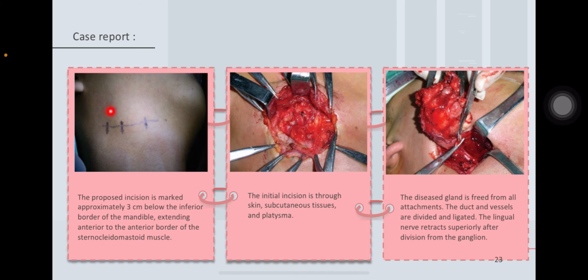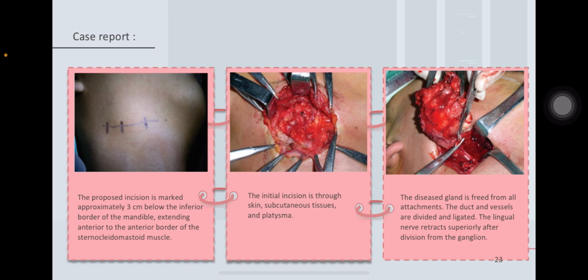Mark the proposed incision approximately 3 cm below the inferior border of the mandible and extend it to the anterior surface of the sternocleidomastoid muscle. Infiltrate 2% lidocaine with epinephrine into the subcutaneous tissue to aid in hemostasis.